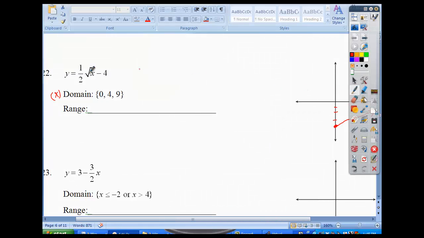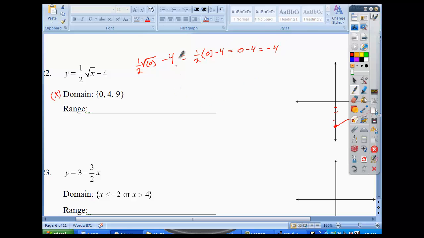So we have 1/2 square root of 0 instead of the x minus 4, and so that leaves me with 1/2 times 0 minus 4, which leaves me with 0 minus 4, which leaves me with -4. So this value right here is the result, or the y, because y equals the -4 right here.